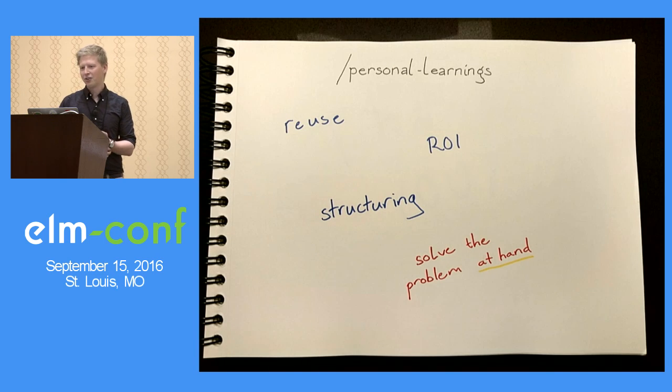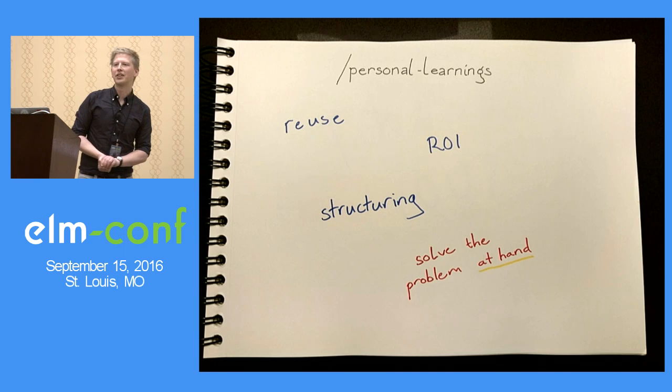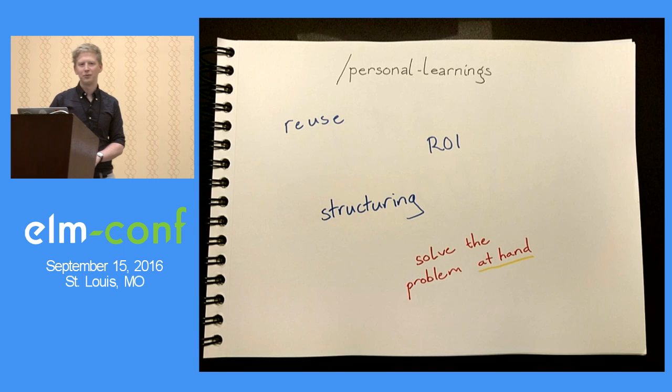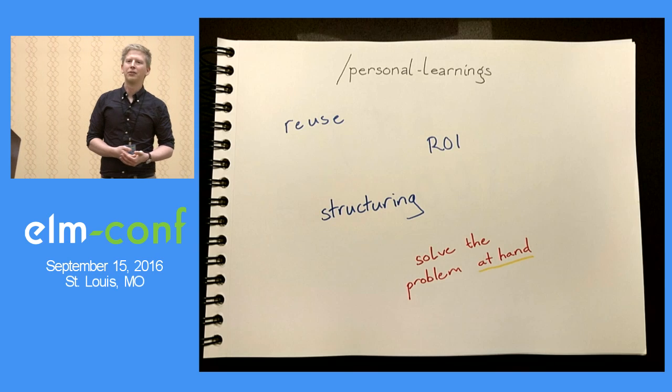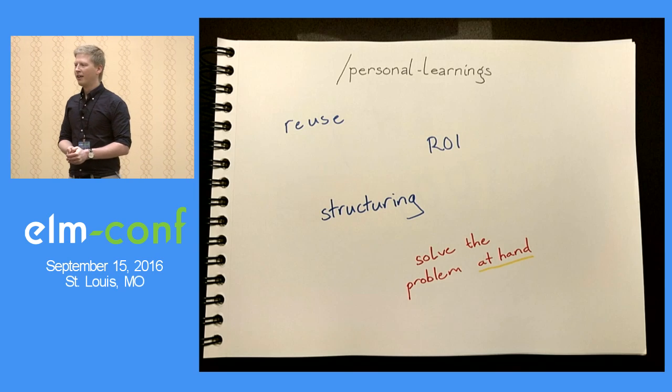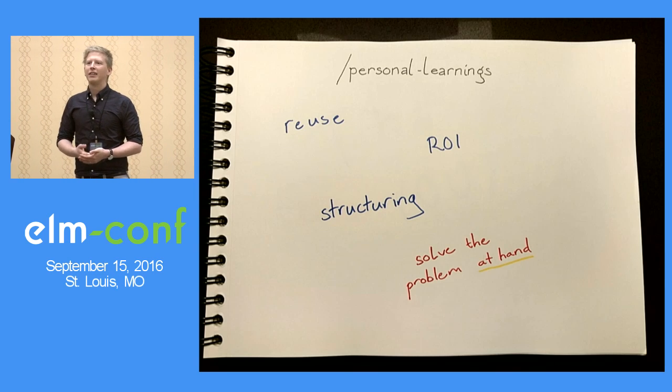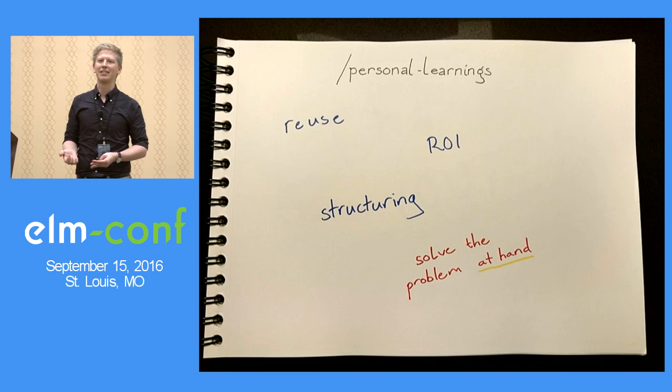Okay, so my personal learnings over the almost year and a half. I've learned a lot about reuse. By that, I mean that everything is not a component. And sometimes what you need is to refactor the let block into separate functions.